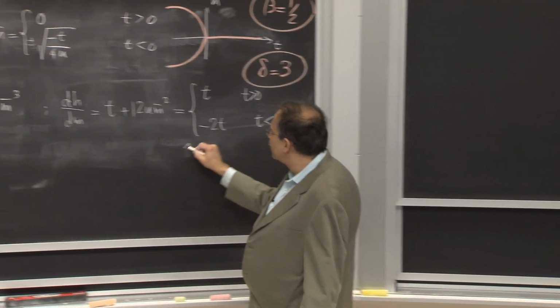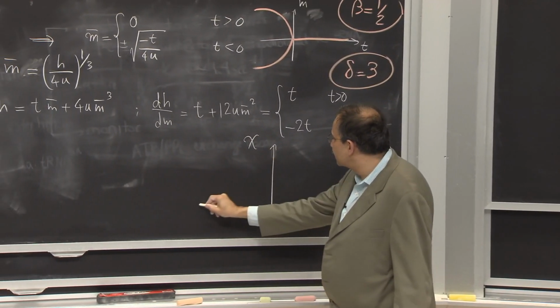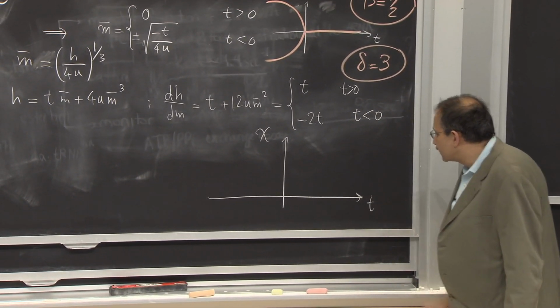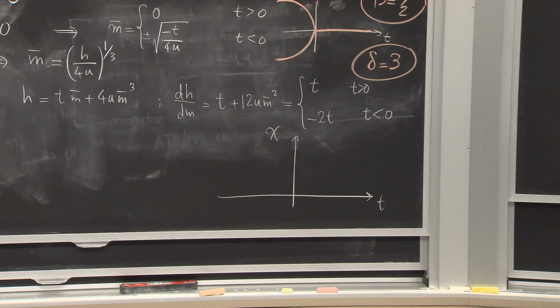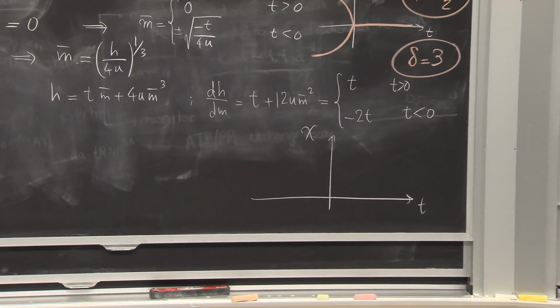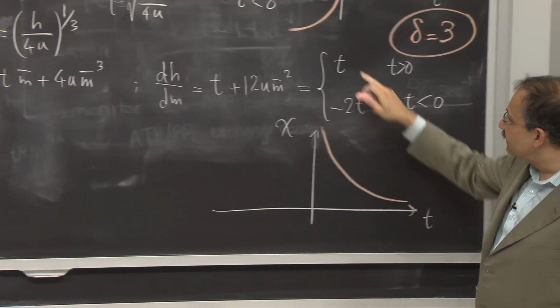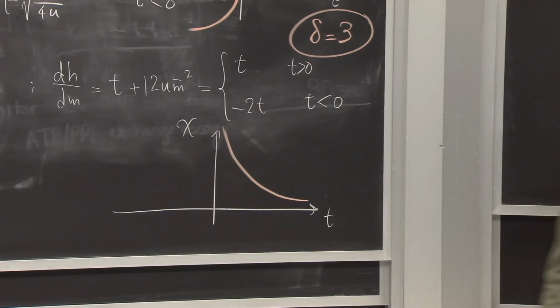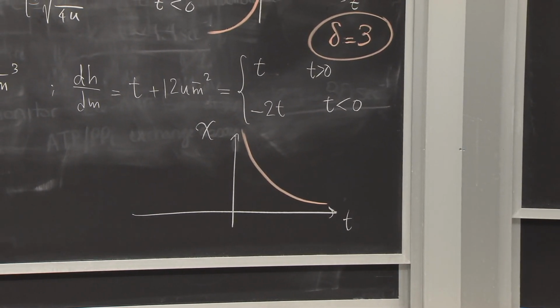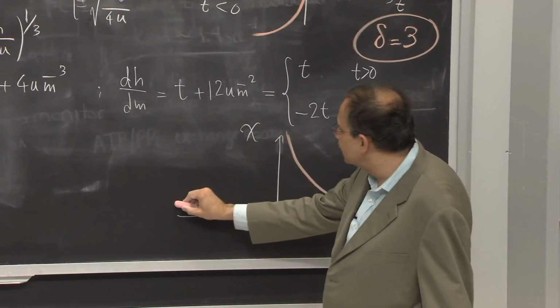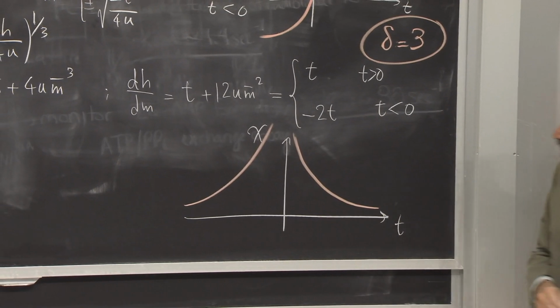If I were to plot this susceptibility, therefore, as a function of temperature, or t that is related to t minus tc, what do I get? I will get a divergence that is inverse of 1 over t minus tc on both sides. So basically, I get something like this.